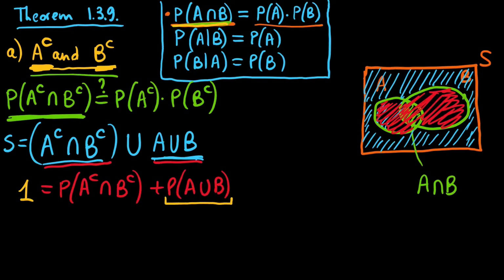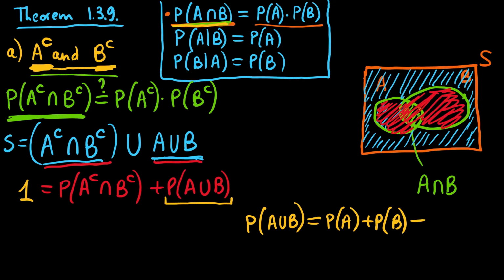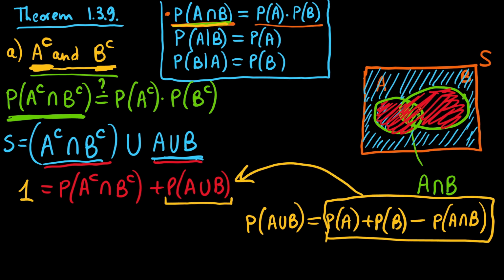So let's remind ourselves how we do that. Probability of A union B, you'll recall we've shown, is equal to the probability of A plus the probability of B minus the probability of A intersection B. Let's replace this expression here, and what do we get?